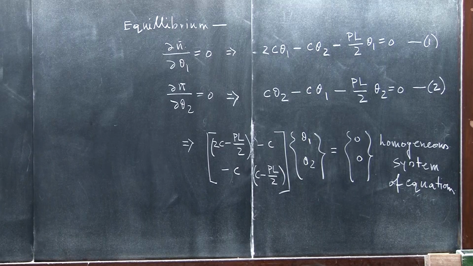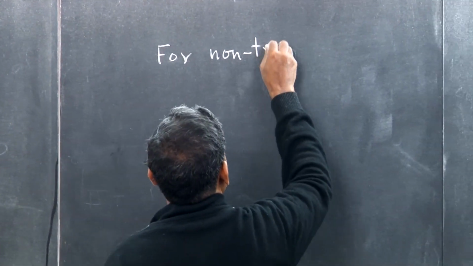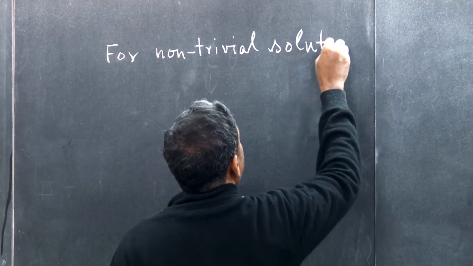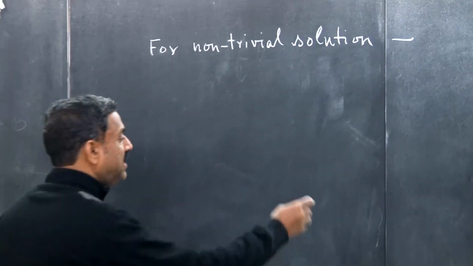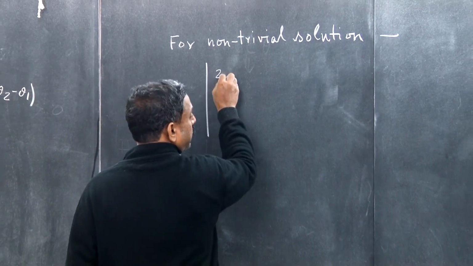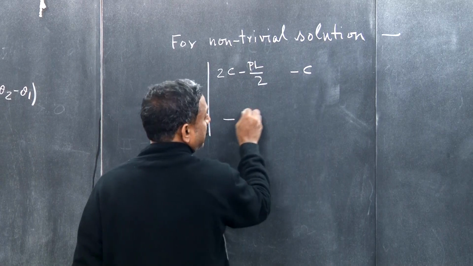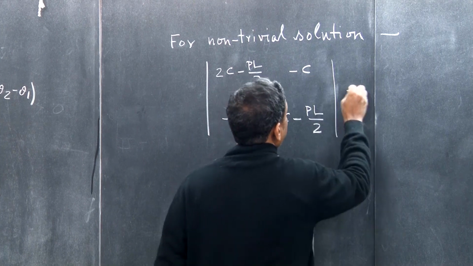So how will you get a non-trivial solution? For a non-trivial solution of this system of equations, the determinant must be equal to 0, right? So 2c minus PL by 2, minus c, and c minus PL by 2, that must be equal to 0.